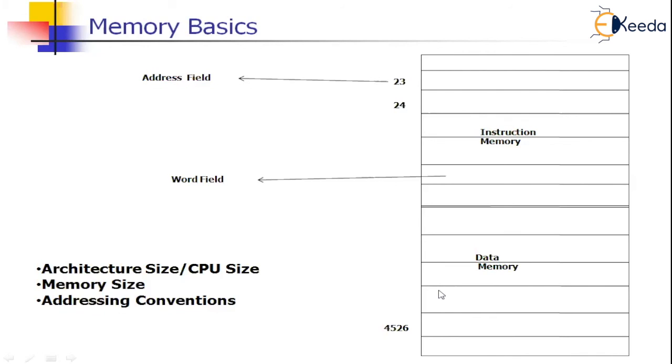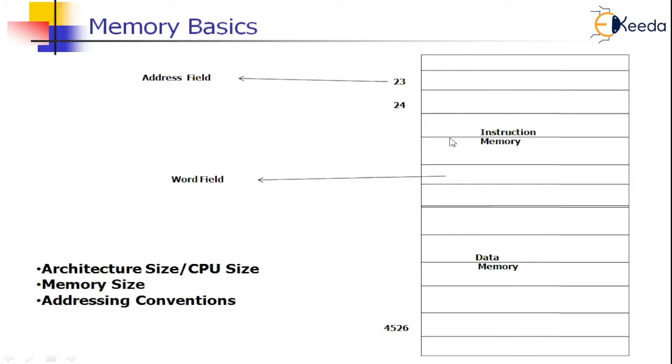Okay, so then we got the basics of memory. Of course, for executing programs, we need to have a main memory. In main memory, the instructions and the data elements of a program will get placed. Instructions of your program will get placed in the instruction memory. The data operands of your program will get stored in the data memory.